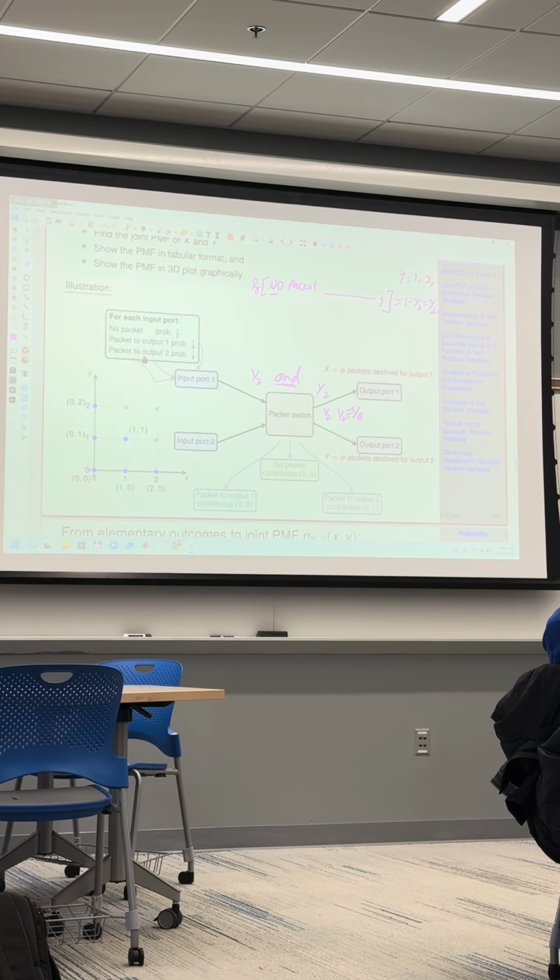So in this figure, I tried to put as much information as possible. For each input port, no packet has probability 1/2, packet to output port 1 has probability 1/4, and packet to output port 2 has probability 1/4.